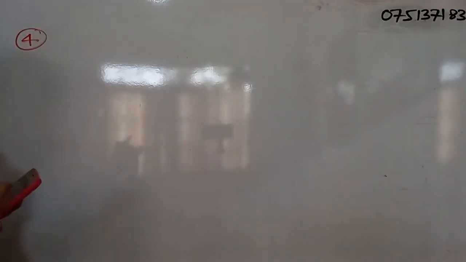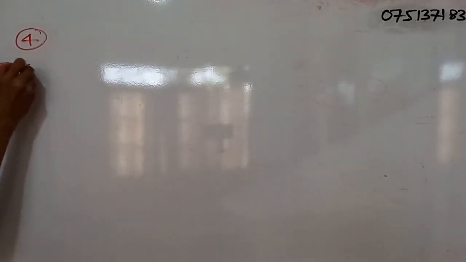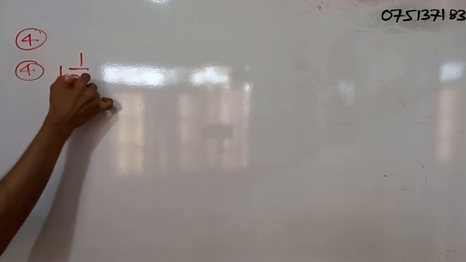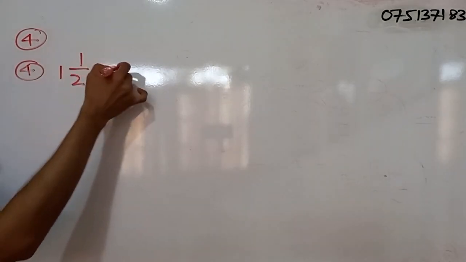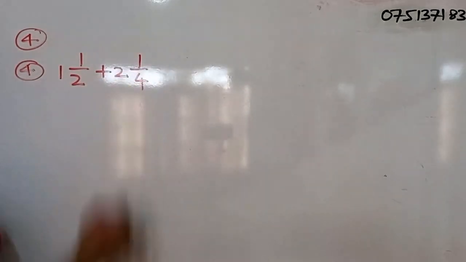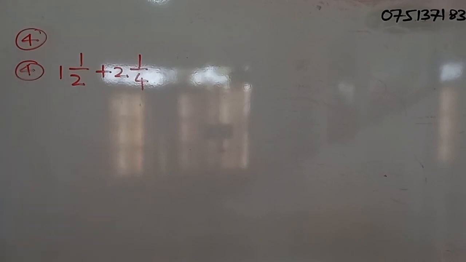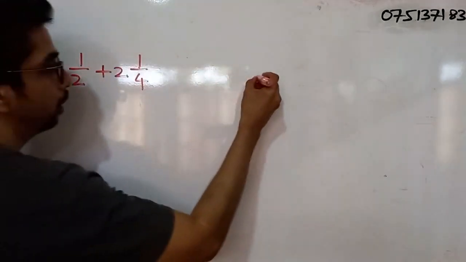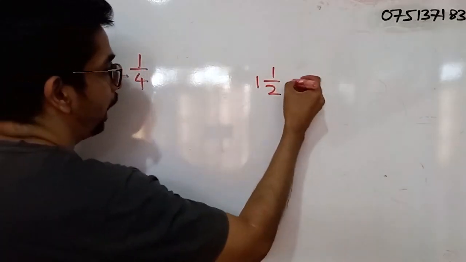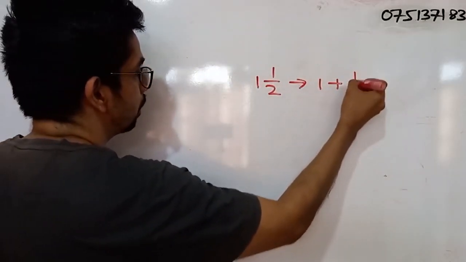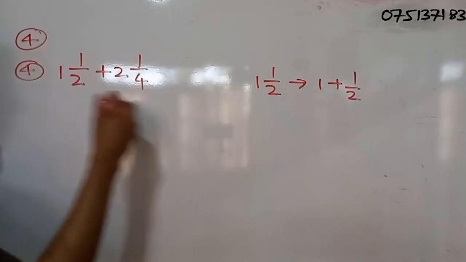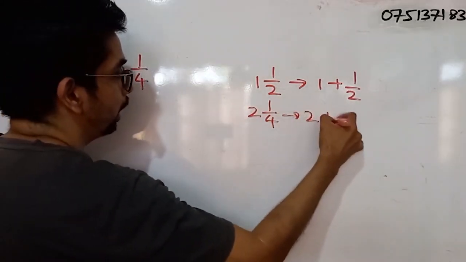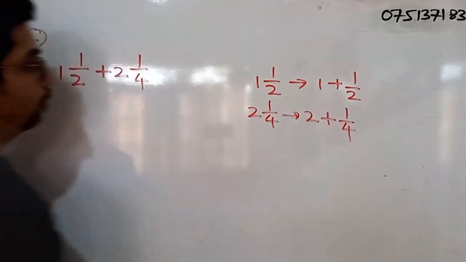Right. Okay. Part 4. So we have 1 and 1 by 2 plus 2 and 1 by 4. So if we take this mixed number 1 and a half, I can break it into 1 plus 1 by 2. Here also the same thing. 2 and 1 by 4, I can break it as 2 plus 1 by 4.